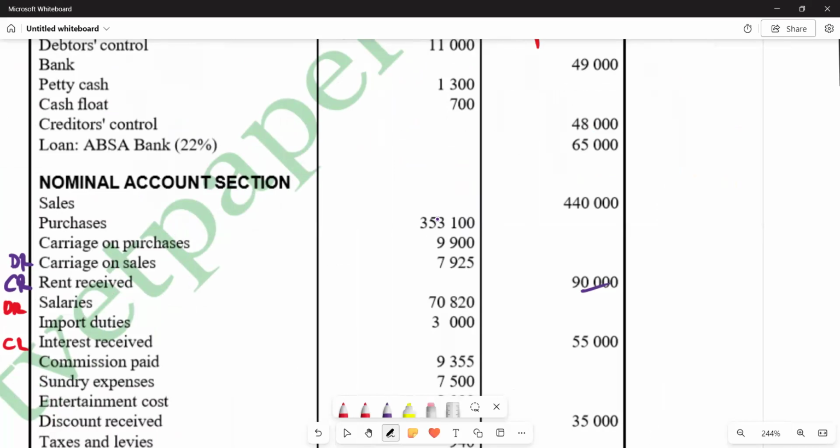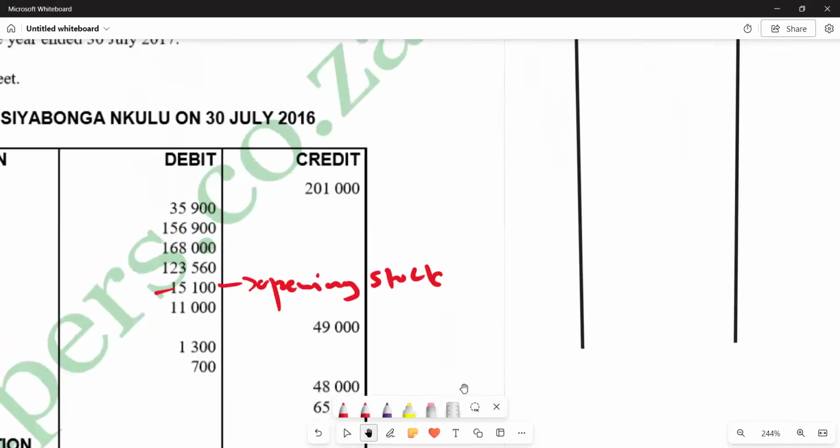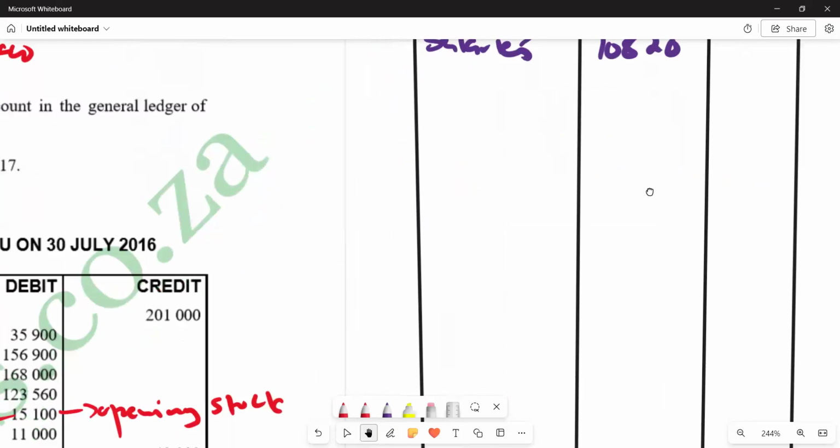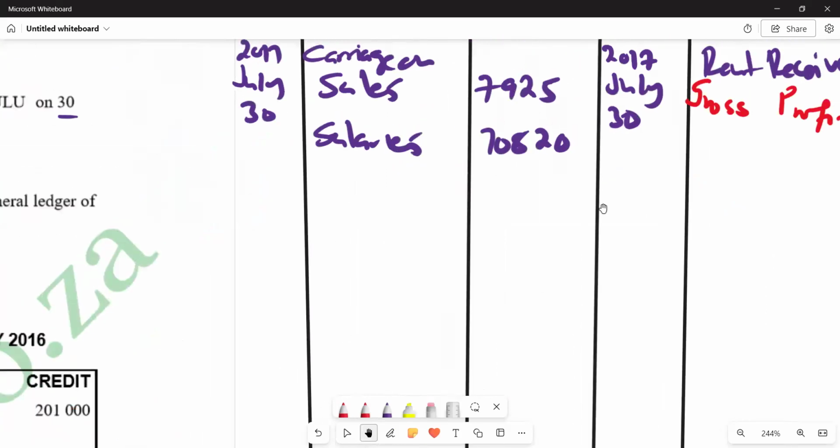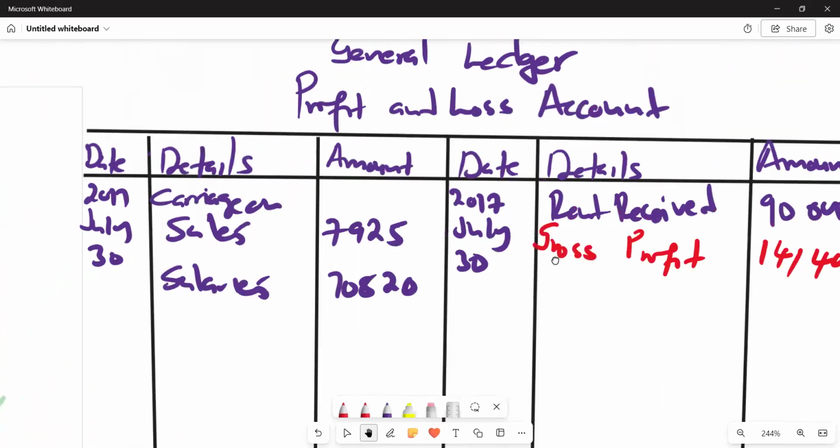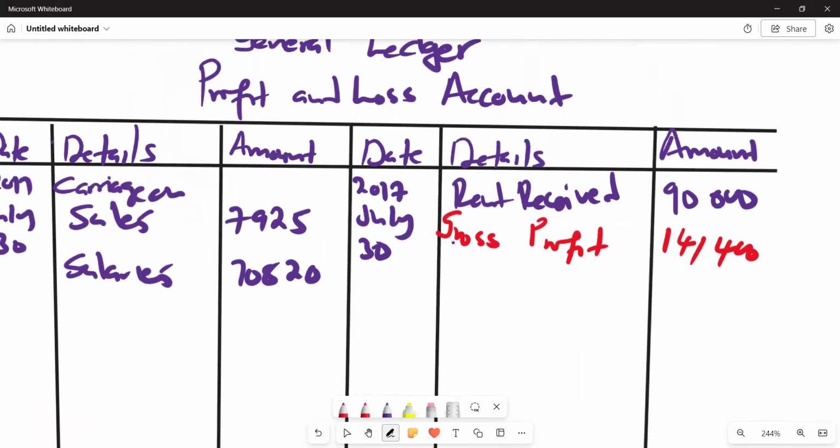That's what we have. So on the credit side, we go and put our 55,000 for interest received. So we are saying interest and we are having 55,000.